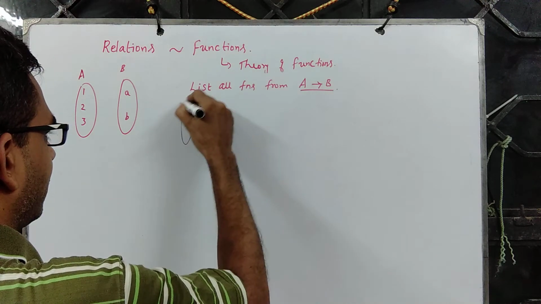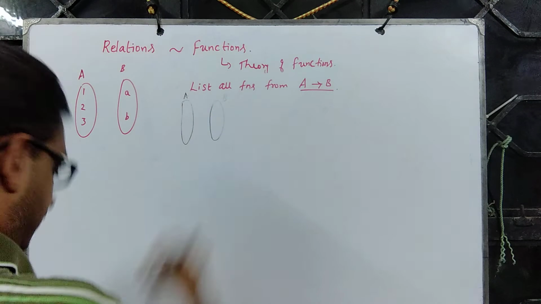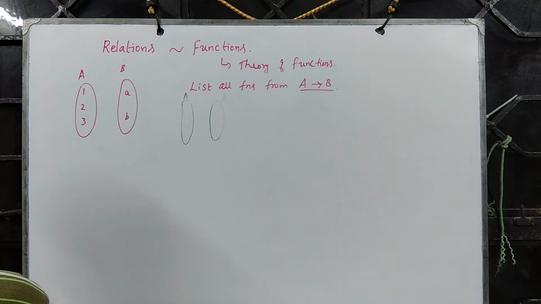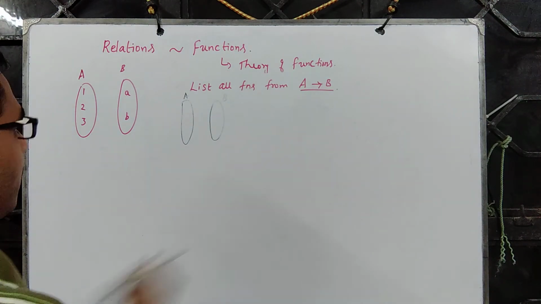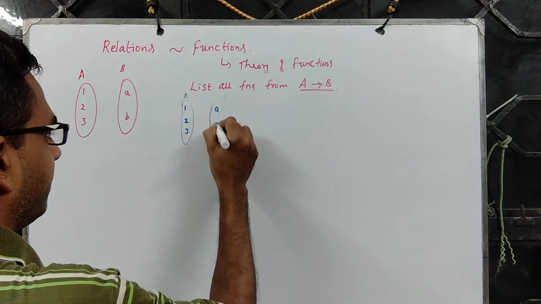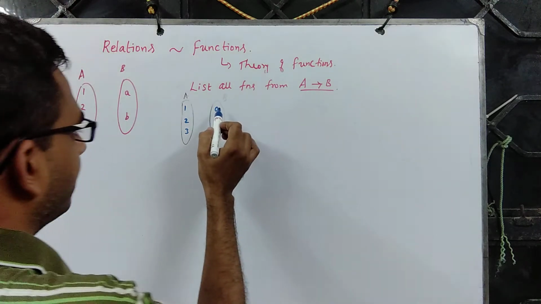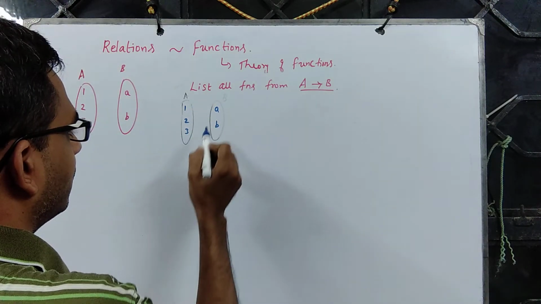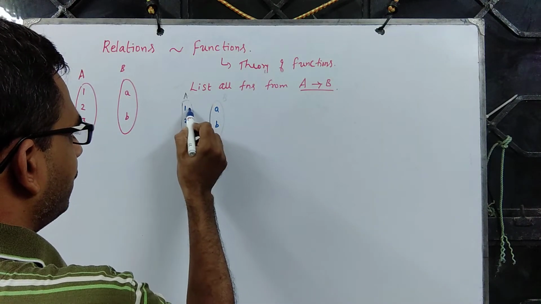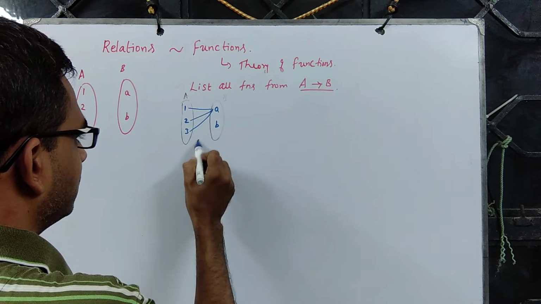Let's look at A and B. Suppose you have 1, 2, 3 here and A, B here. So look at it from the codomain. So this can be mapped to all of this. This is one function.